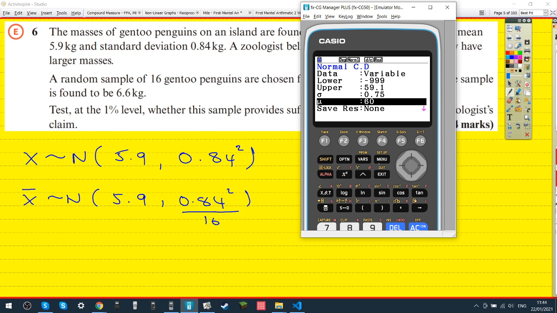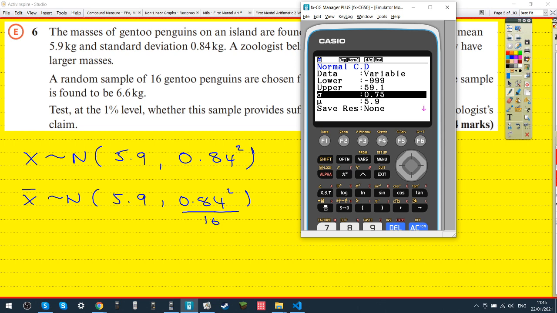The mean is 5.9. And how do you do standard deviation? Sorry, system, distribution, normal, standard deviation. And in this case, are we putting it as 0.84?